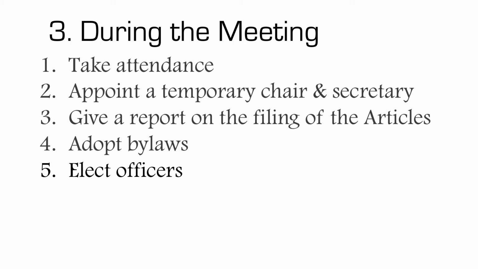The official chair immediately takes over from the founder or whoever was the temporary chair, and gets nominations for other positions like vice chair, secretary, and treasurer. Those are voted for and those people are elected. Then the new chairperson continues the rest of the agenda and takes the meeting to the end.